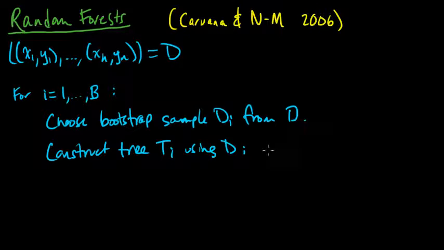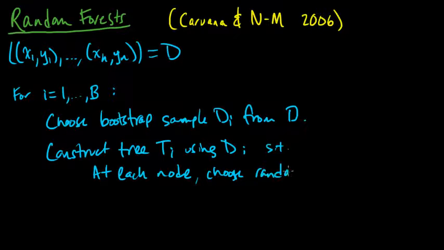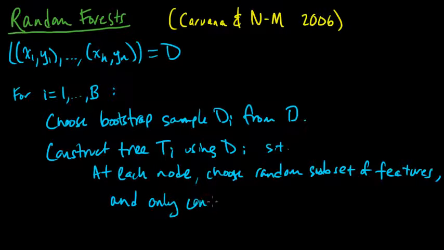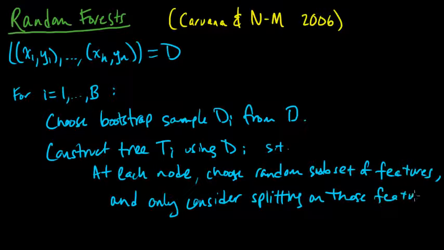At each node, we choose a random subset of the features, and we consider only splits on those features, that is, only splitting on features from that subset.